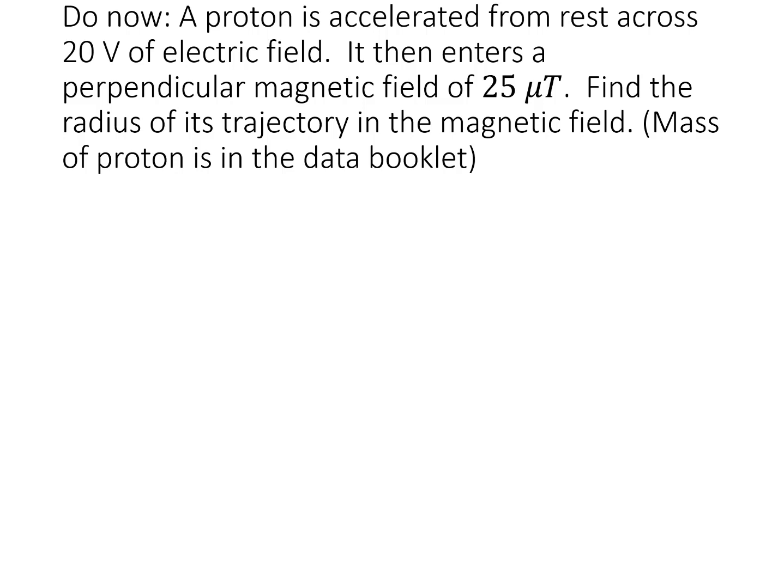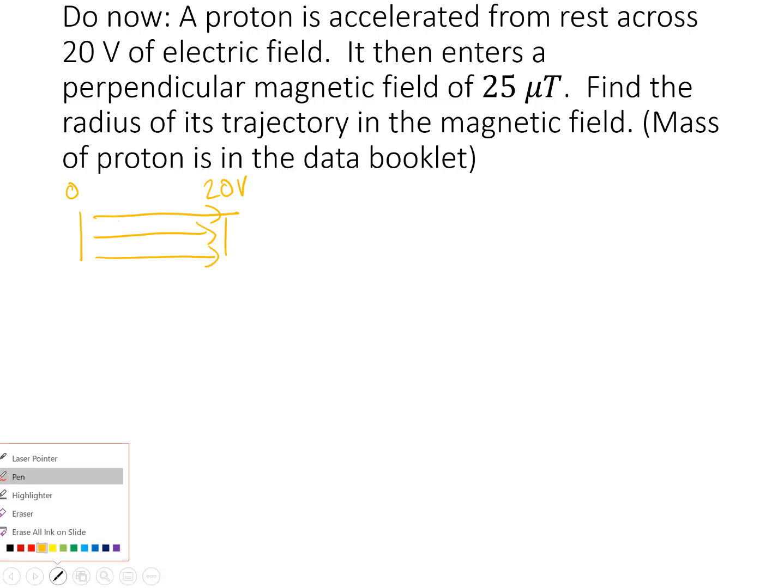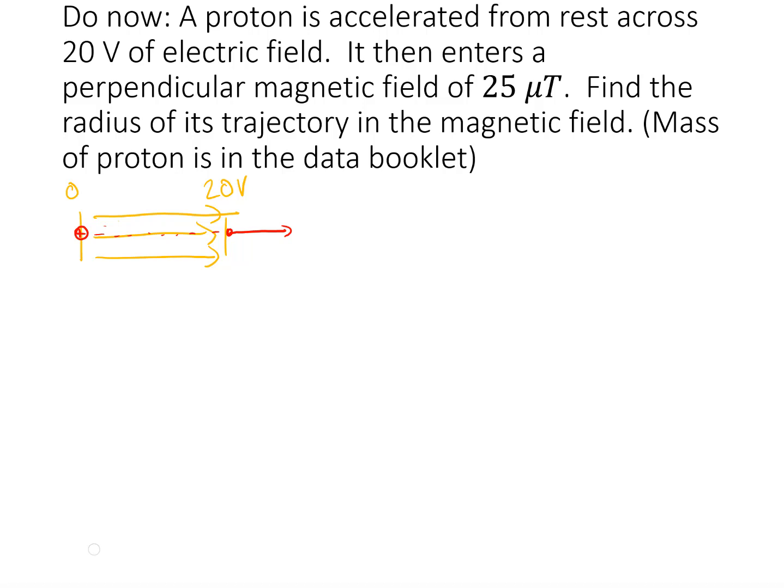So first of all, it's accelerated from rest across 20 volts. So we go from maybe 0 to 20 volts. There's some electric field here, and let's place our proton in that field. It's going to speed up to a certain speed, and then it will enter our magnetic field, which I will draw in blue.